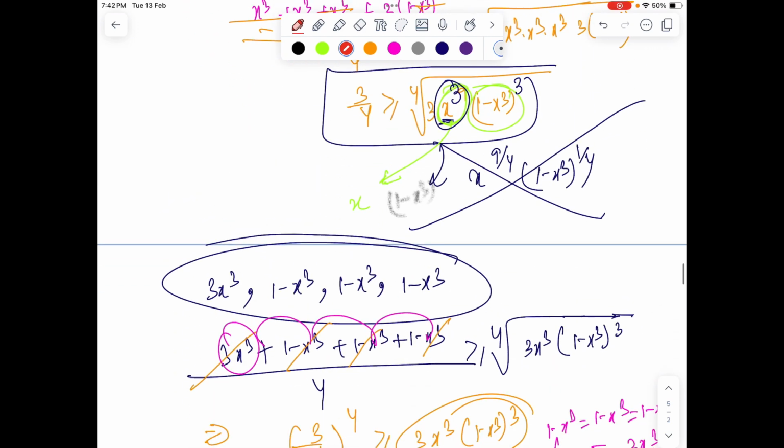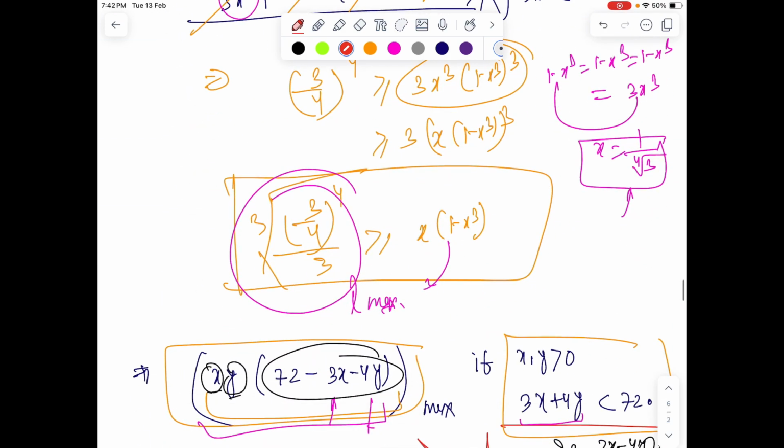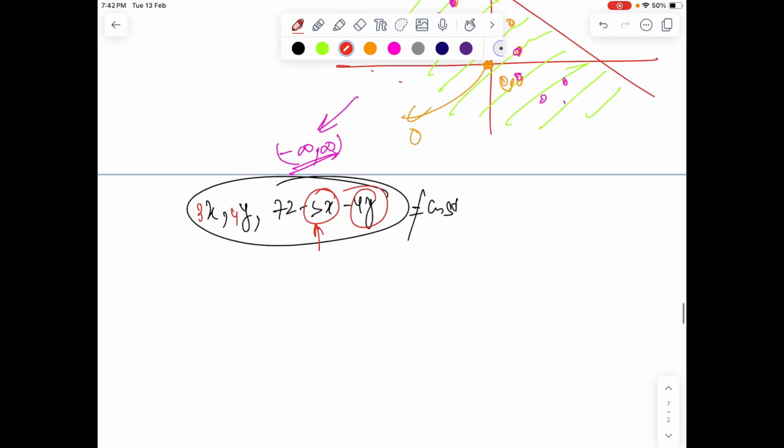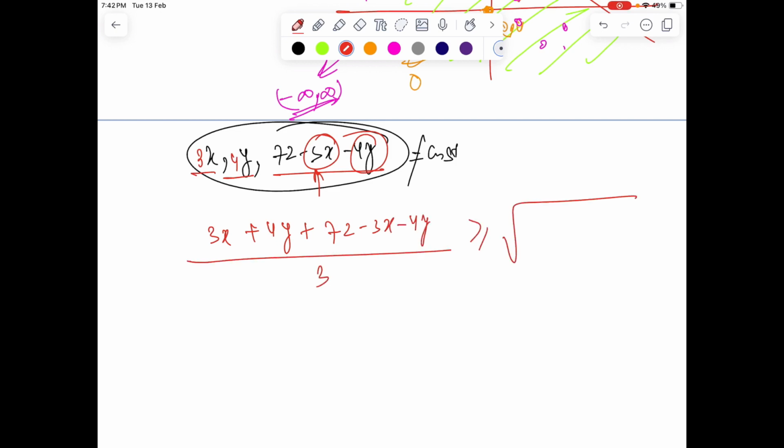So what is the idea? This time it is quite clear, because for x we have to bring 3x into the picture, and for y we have to bring 4y into the picture. By the way, in the first problem, I hope you have already understood. So instead of applying it on x, y and 72 minus this, we apply it on 3x, 4y and 72 − 3x − 4y.